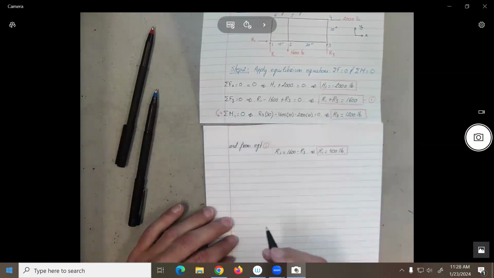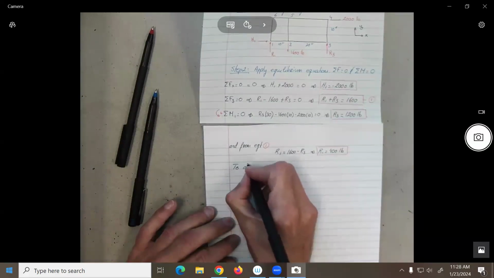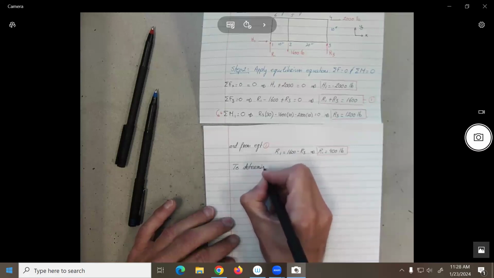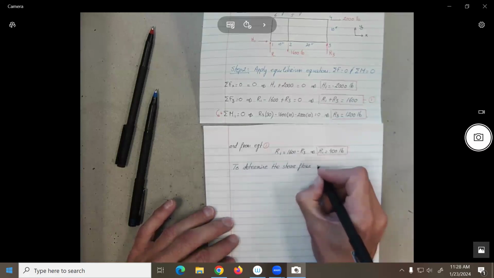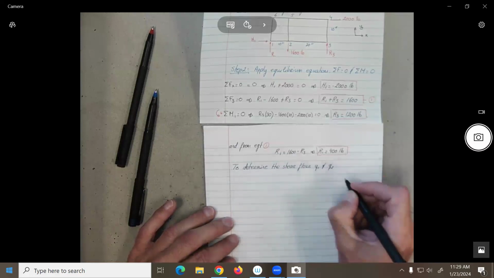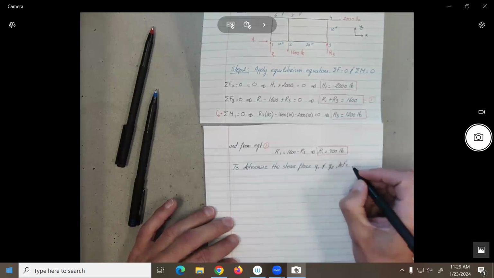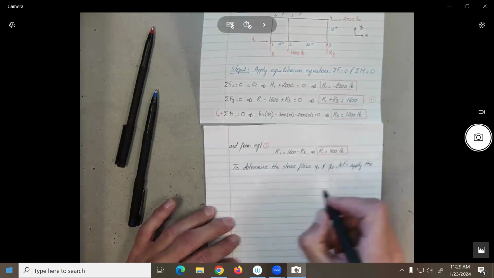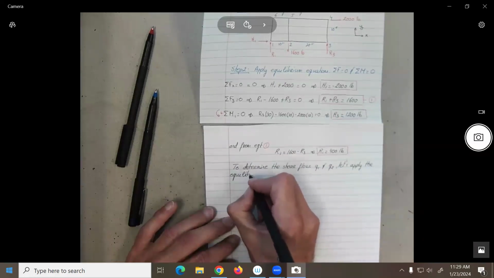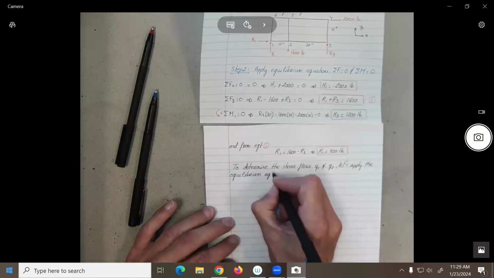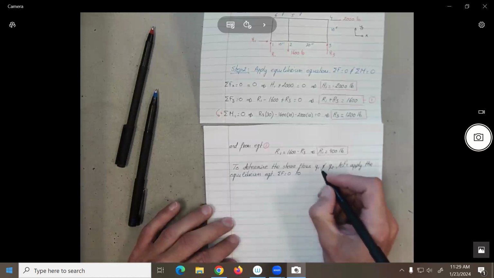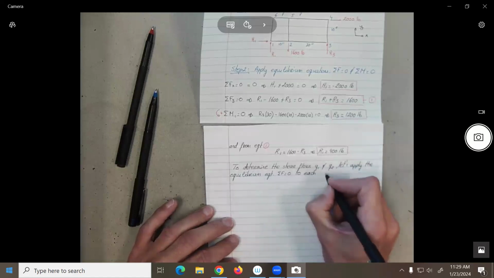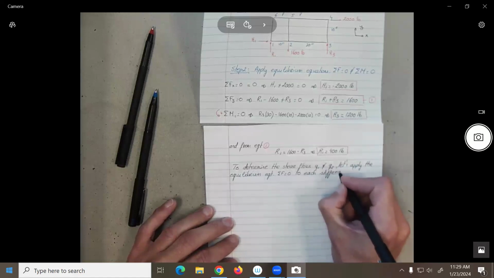Okay, next, so we found the reactions. To determine the shear flows Q1 and Q2, let's apply the equilibrium equation, summation of forces equal to 0, to, let's say, each stiffener.